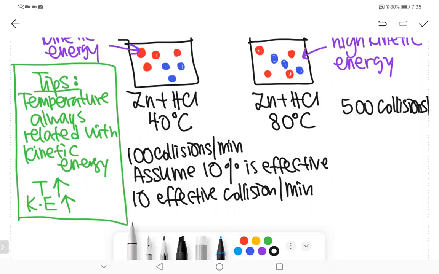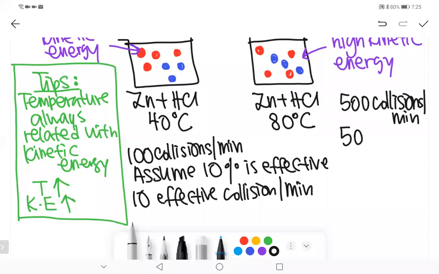Same thing, we assume only 10% is effective collision. So out of 500, 10% is 50. Now we have 50 effective collisions per minute.